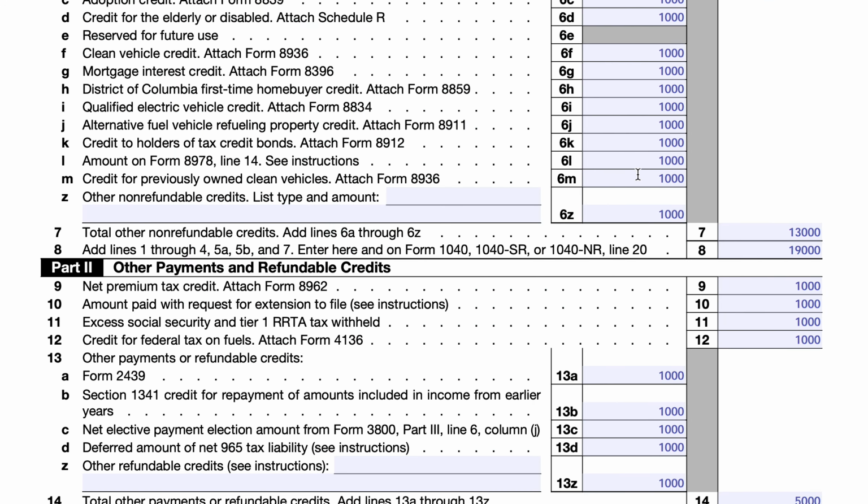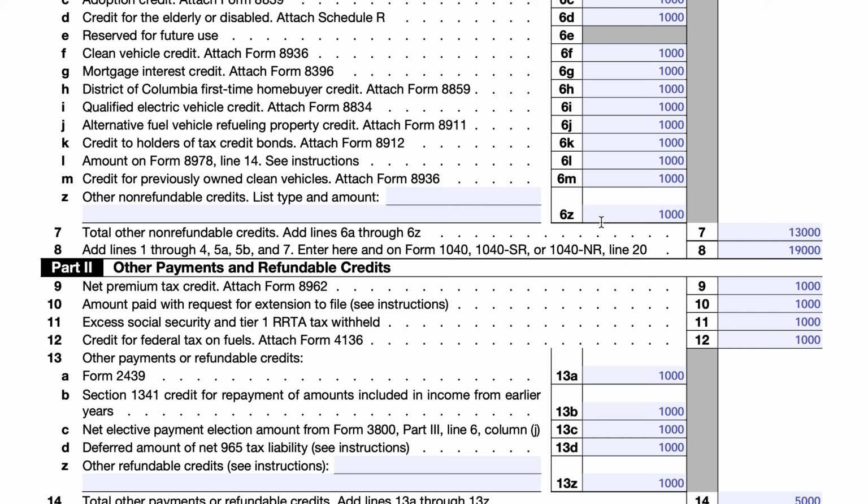So in part 2, we've got in line 9, the net premium tax credit. This helps people pay for health insurance purchased through the healthcare marketplace or Obamacare. So you might be eligible for the credit if you enrolled through the marketplace and have certain income thresholds based on where you live.